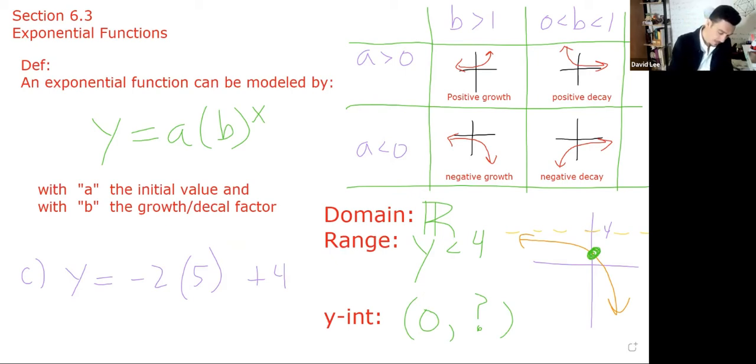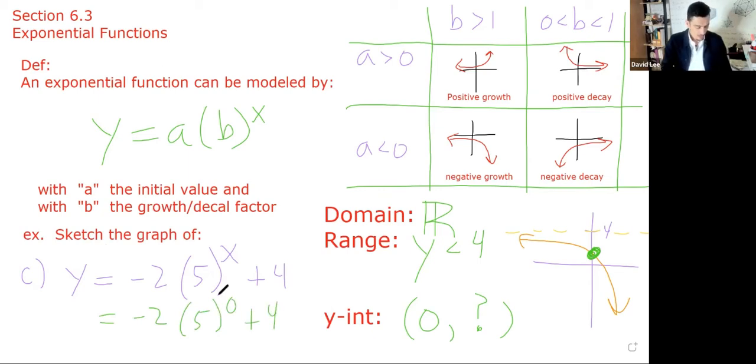So let's see. Instead of x there, let's plug in a 0. So this would be -2 times 5 to the 0, plus 4. 5 to the power of 0 is 1. 1 times -2 is -2.